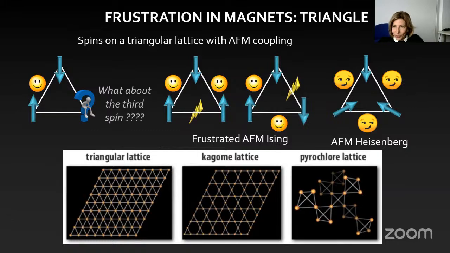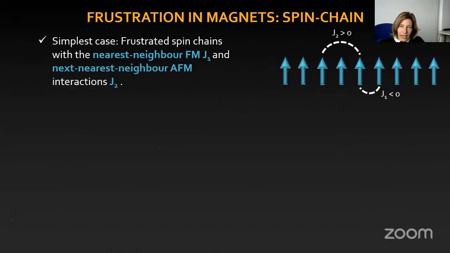So at least from the crystallographic point of view, we have the ingredient that we need to have exchange frustration. Even if you have a spin chain, you can have frustration. For example, if you have one weak exchange, it can be ferro or antiferro, but it should be small at the first nearest neighbor level.